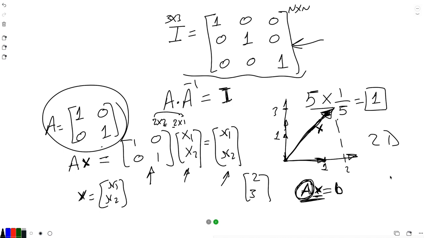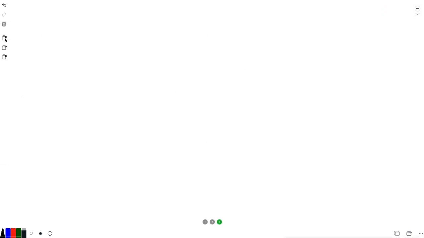Now let us go to another related topic. Let's have a new slide. If we want to solve equations like this one, it is a system of linear equations. For example, 3x1 plus 5x2 equals 1, and x1 minus x2 equals 5.